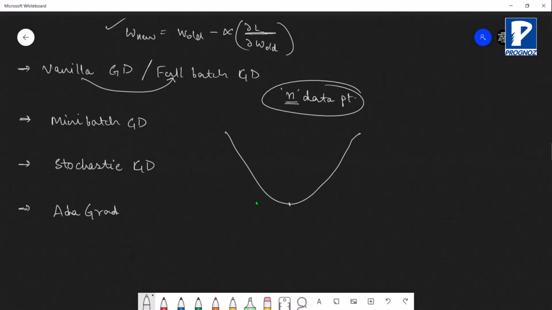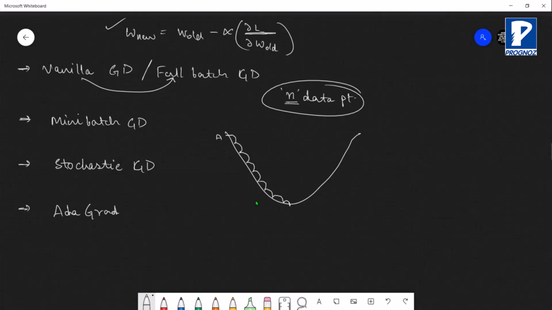Let's say this is the position from where you are starting, say A, and when you are taking small steps and trying to reach the global minima, the number of data points that you are choosing is the total number of data points. So if n data points are there, we choose all the data points in order to compute the loss component. This is the idea of vanilla gradient descent.